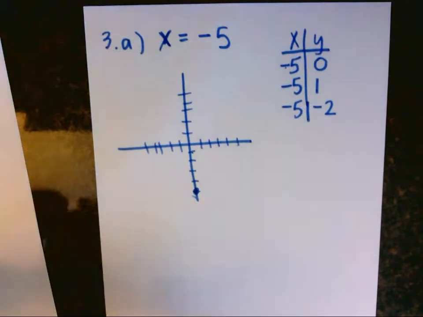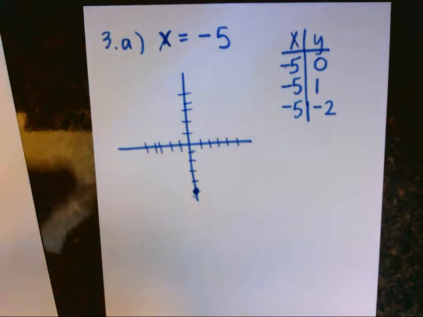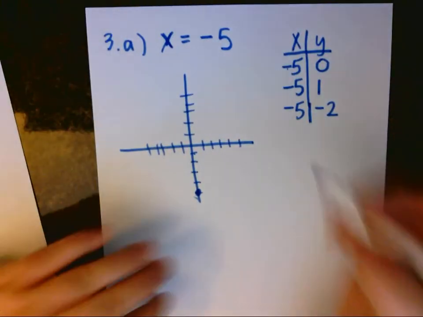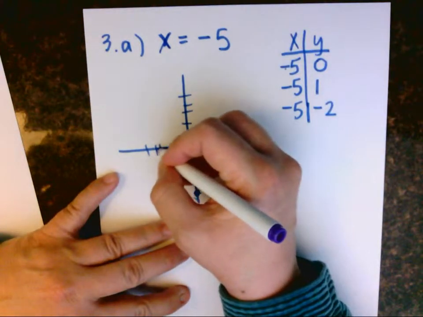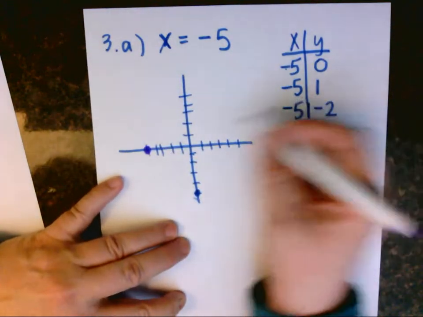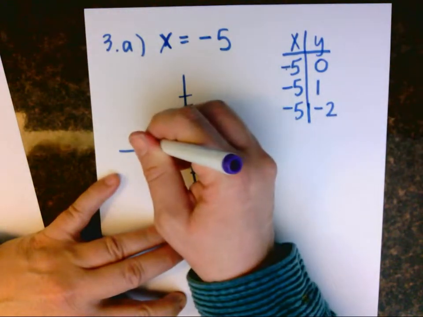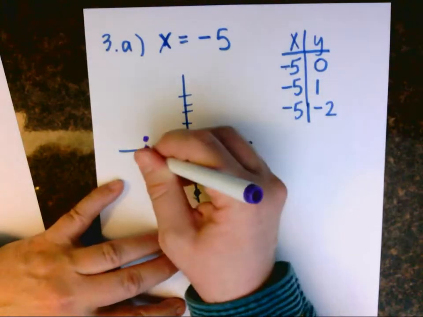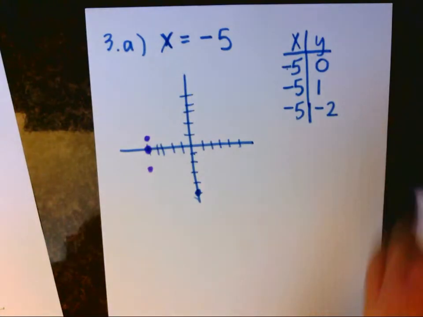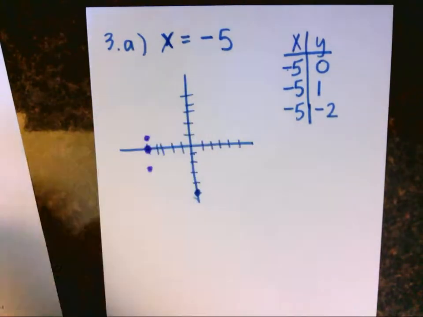Okay, let's use a different color now. Correct that. We go -5, 0 right there. And then we go -5 again, 1. And -5, -2. Okay?